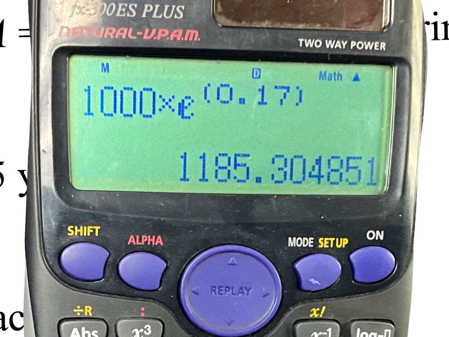So after 5 years, she will have $1,185.30. Now, if this 4 would have been a 5, then it would have caused that 0 to go up to 31 cents. But it's not. So $1,185.30.